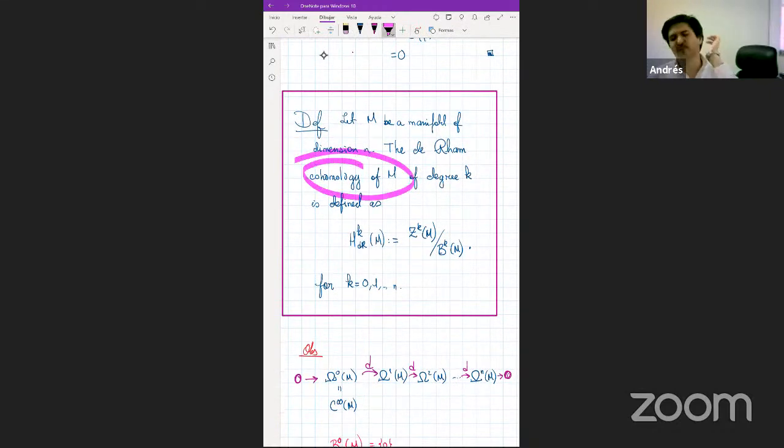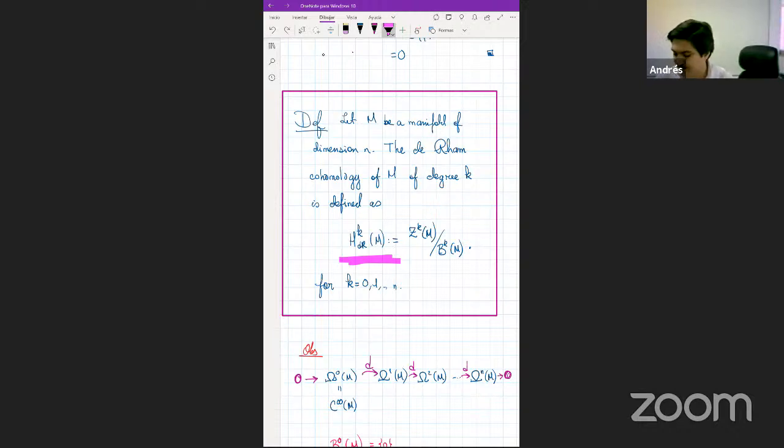So by this, we will just think about information about the manifold M, but it is topological information. So this is a vector space. I haven't shown you, but it will be finite dimensional. This is infinite dimensional.